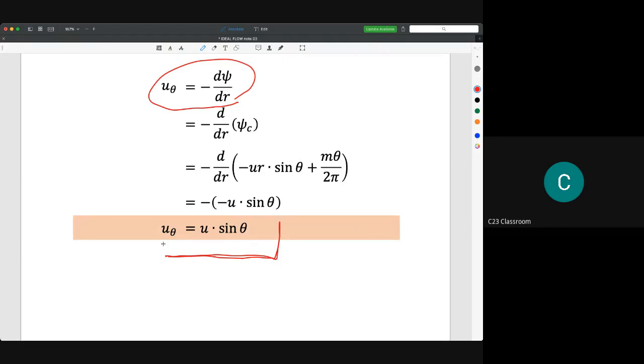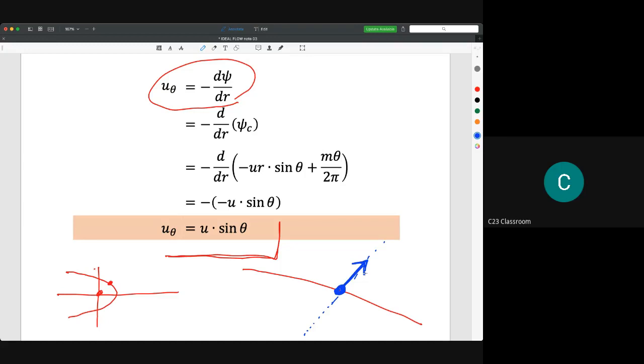The idea is simple. We have a Rankine half body like this one. Let's say this is the origin, and we are evaluating at this point. Let's say we have a curve like this, and then we have a molecule here. As you see, the radial axis is like this, so the UR here is the velocity in this direction.